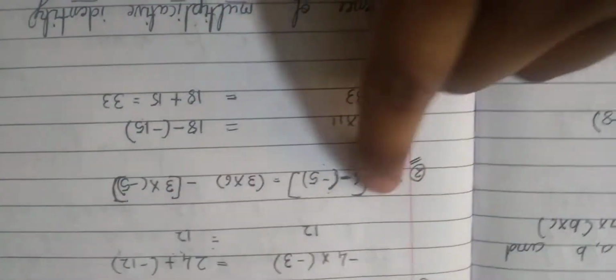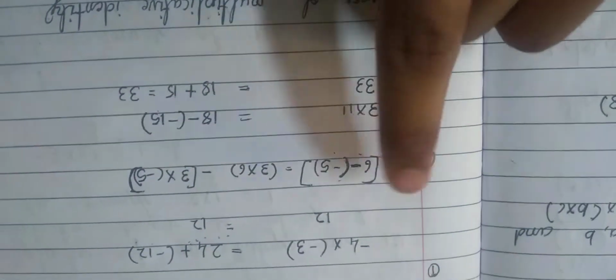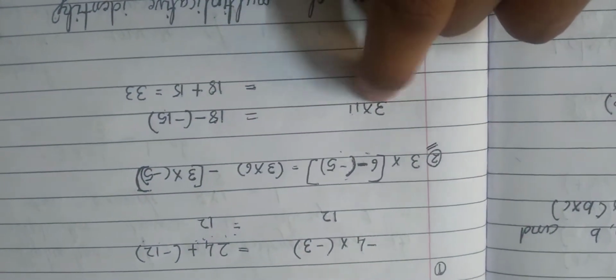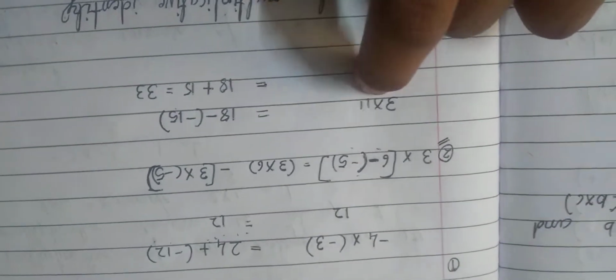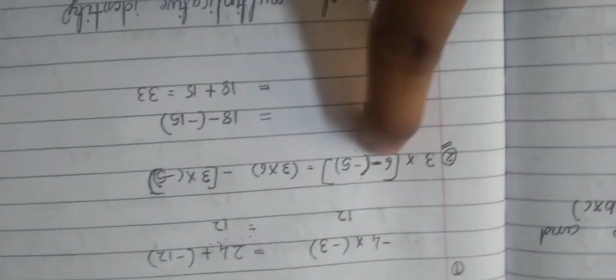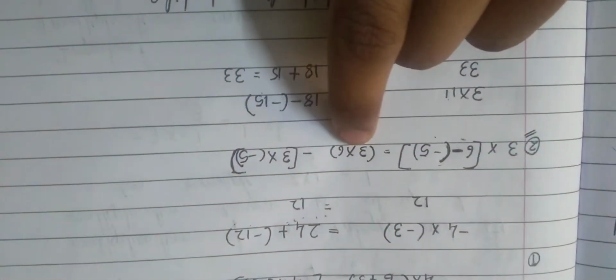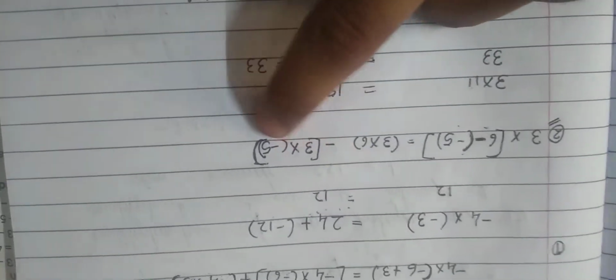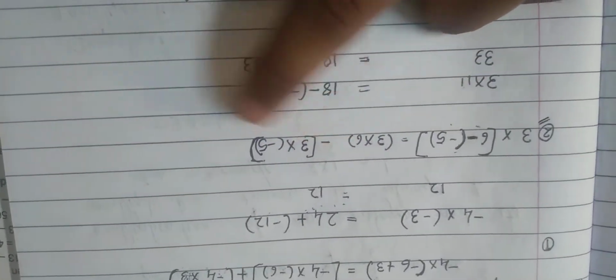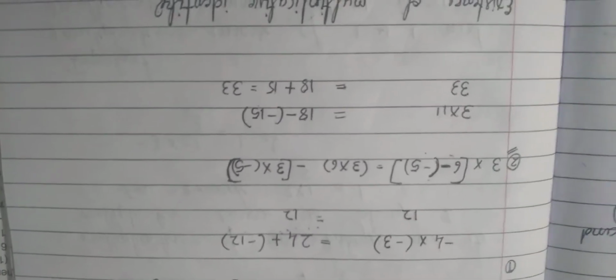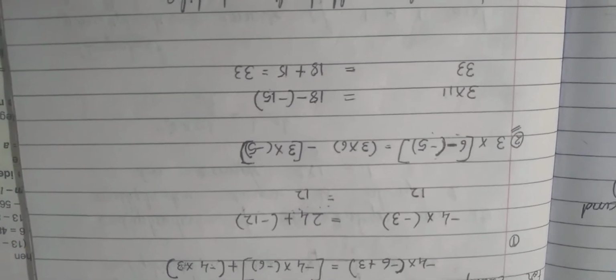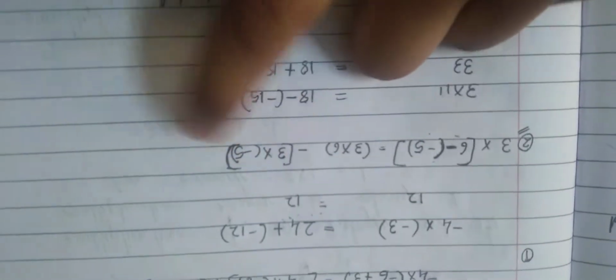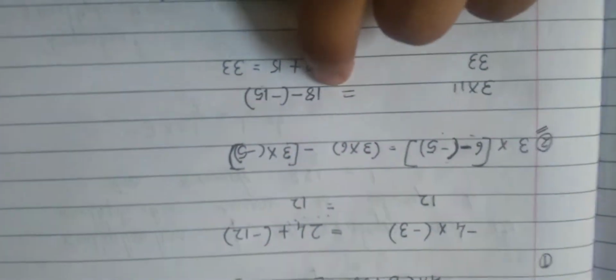3 into 11 is 33. This is how we did this. And here, 6 threes are 18, so 18. 5 into 3 is 15. Here it is minus, because the sign of the bigger one is negative.